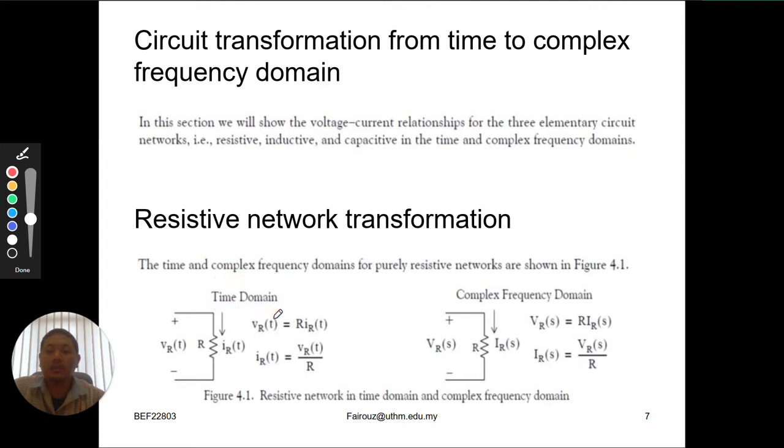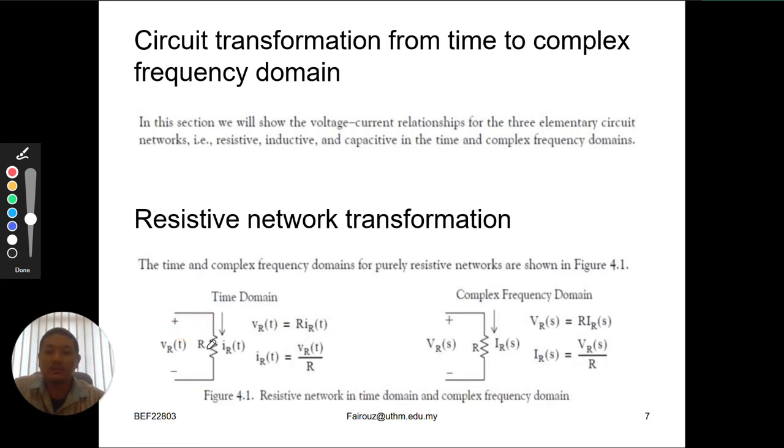We can see here that the resistor has current flowing through it, which is i_R(t), and then we have the voltage across the resistor, which is v_R(t). The t stands for time domain.